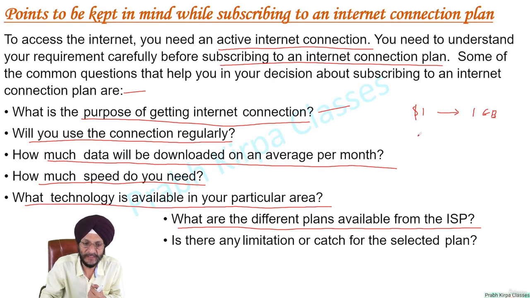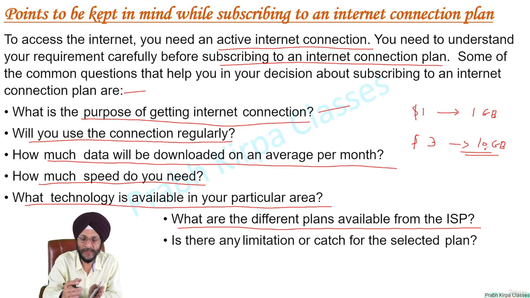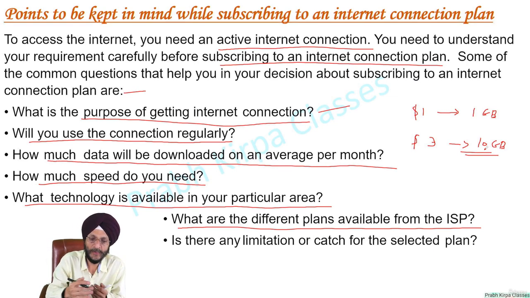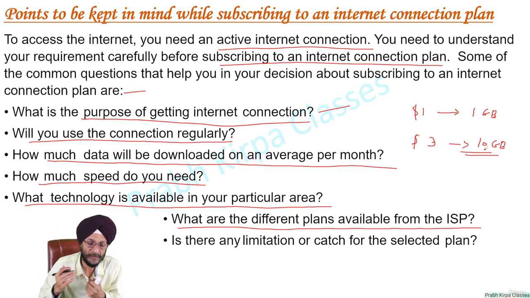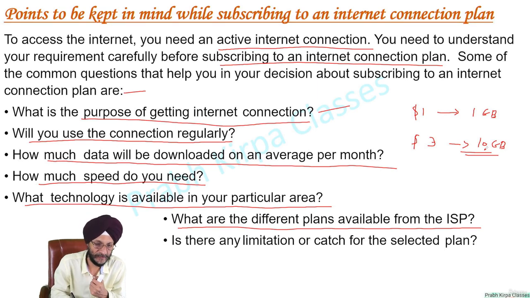Then there may be another who, for $3, is providing 10 GB of data. These types of plans have to be looked into from the different service providers which may be available in your particular area where you are residing or doing business.